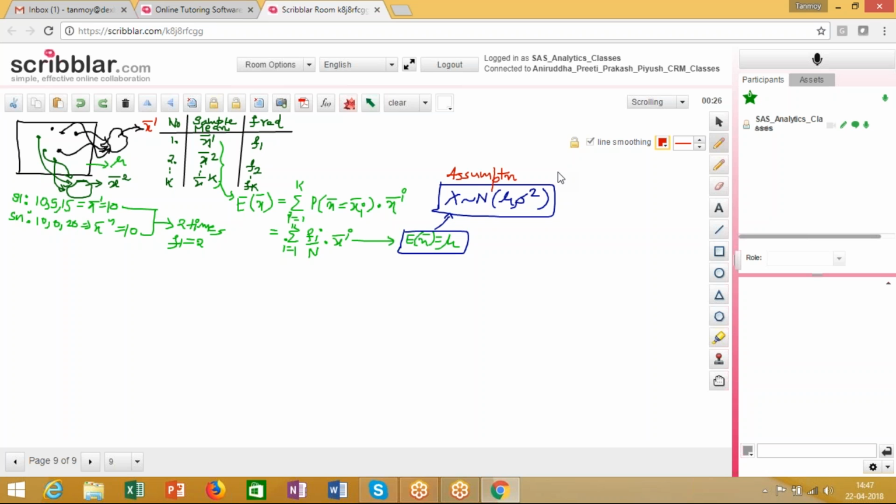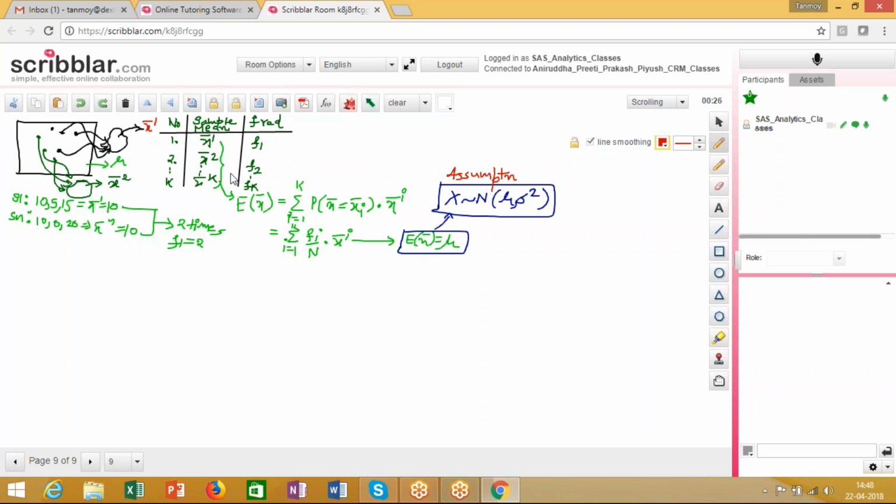Therefore, this X bar has a mean. Now the next part is that we want to derive the variance. If X bar has a mean mu, then X bar should also have a variance, right?